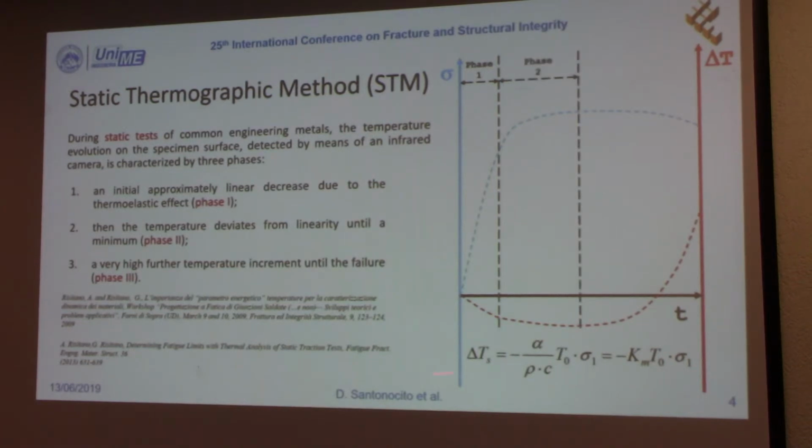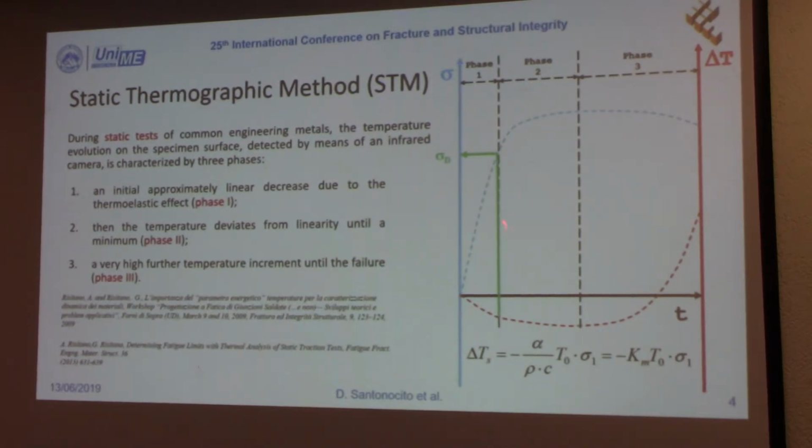A second phase in which the temperature deviates from the linearity until a zero derivative inflection. And the third phase where there is a rapid increase of the temperature of the specimen until the breakage of the specimen.